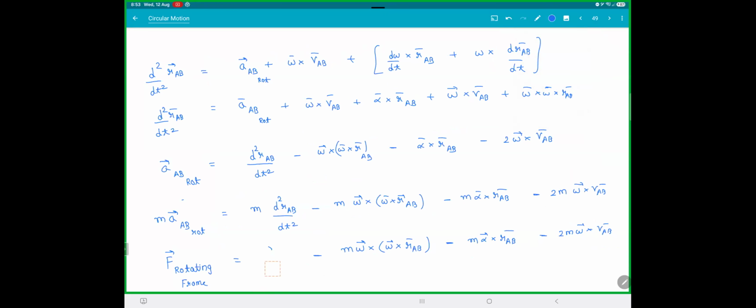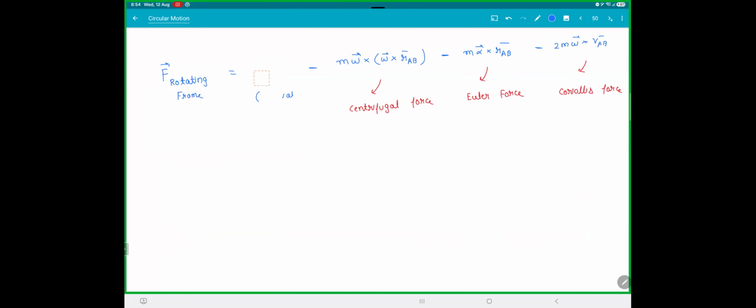So this would be m into acceleration of A with respect to P. If I expand this, actually, I get one more force here. You'll get m into acceleration of A minus m into acceleration of AB.